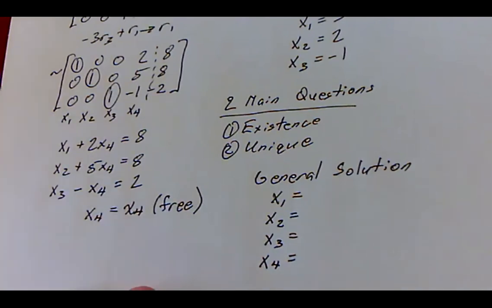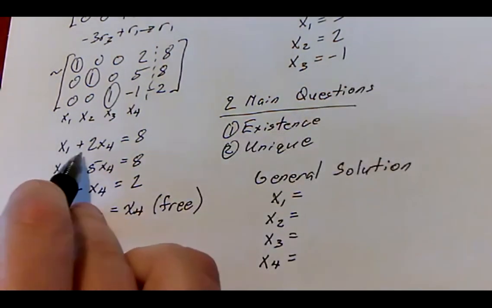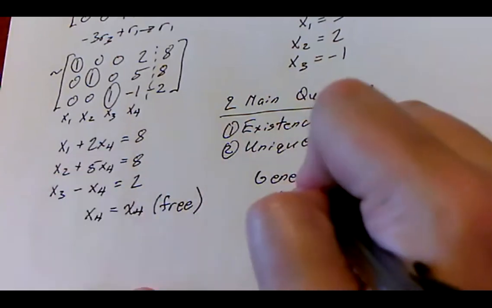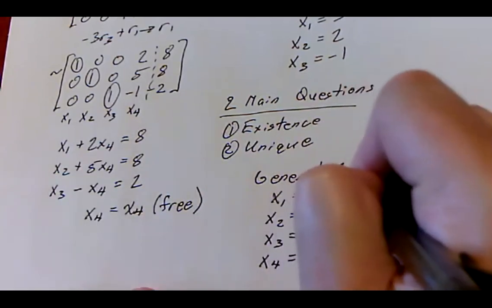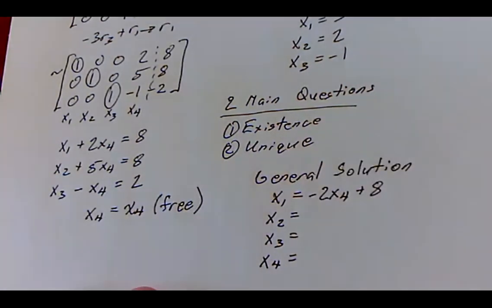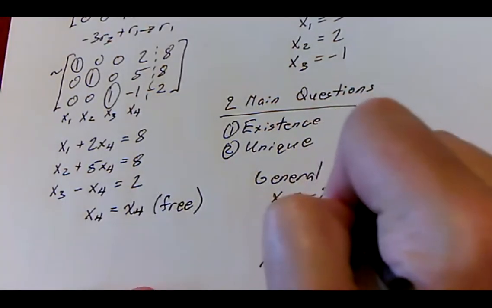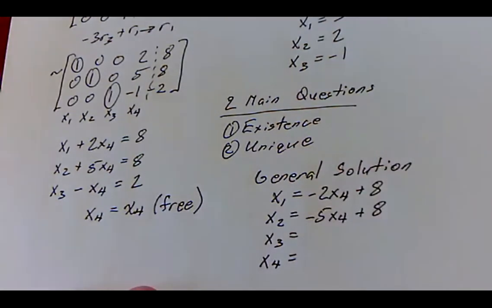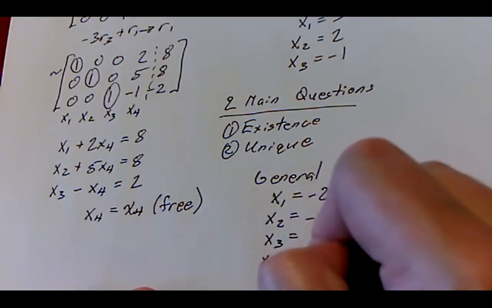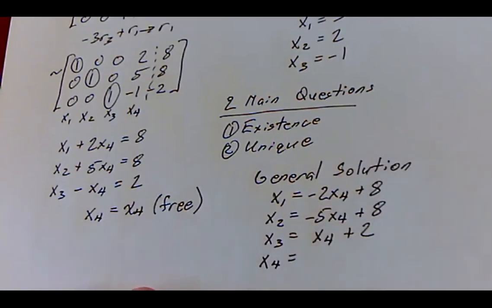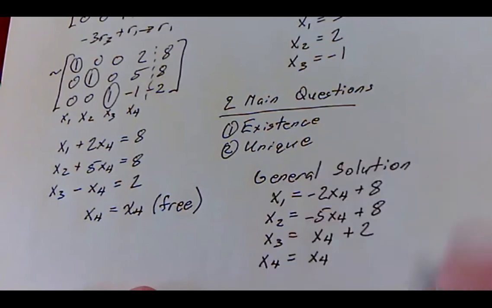Okay, so x1 then, if I look at my equation here, I can take the 2x4 to the other side, so I get negative 2x4 plus 8. I can take the 5 to the other side, so I get negative 5x4 plus 8. Okay, I can take the negative 1x4 to the other side, so I get x4 plus 2 in that case, and then x4 is just equal to x4.